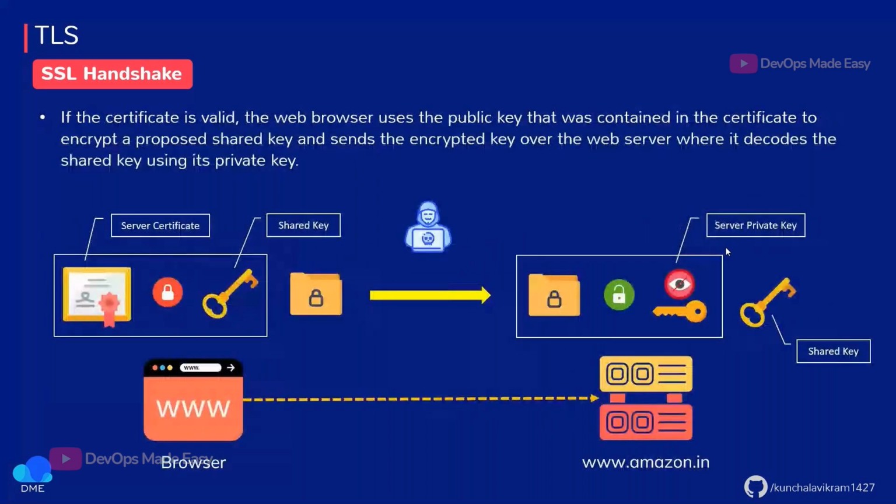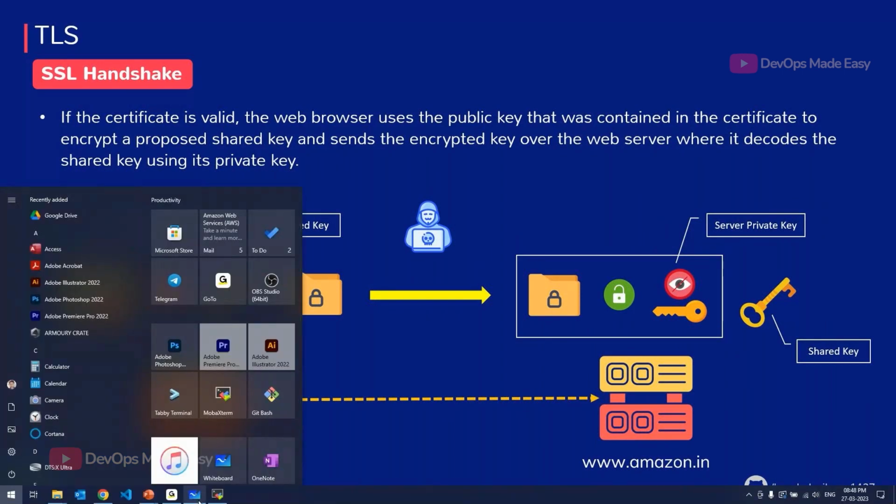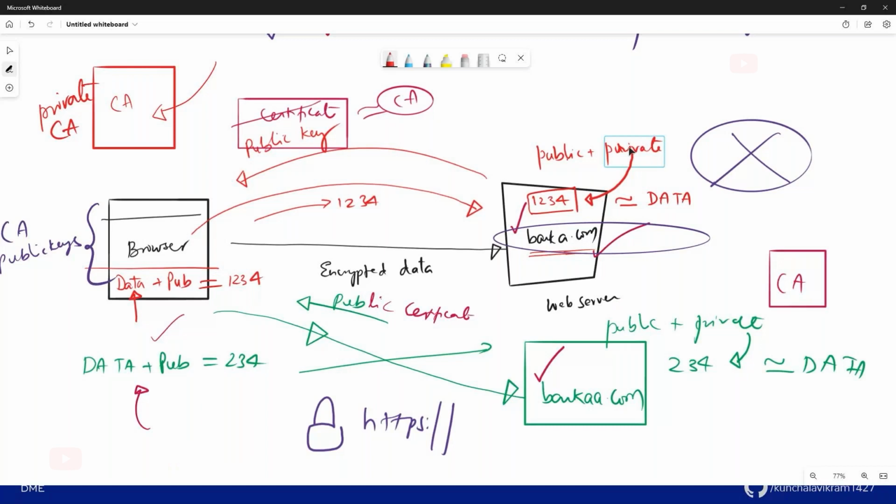Now the next step. As I already said, if you have public and private key files, I can encrypt the data with the public key, because whenever you connect to the application for the first time, that application is going to send you the certificate with the public key. Since I already have the public key, I can encrypt the data with it, and your web server can decrypt it with the private key.